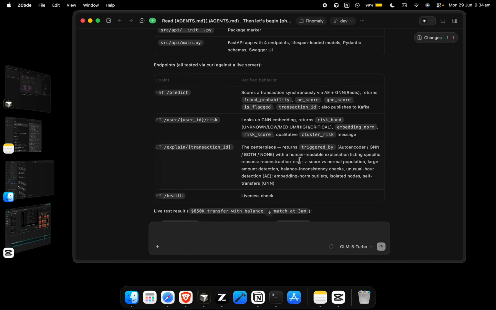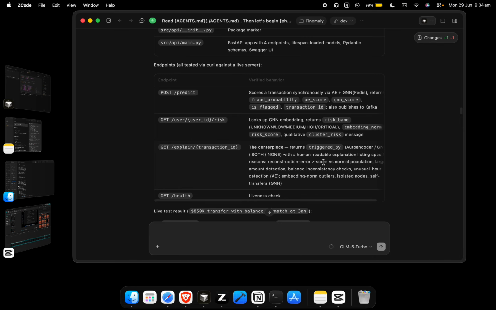Reconstruction error z-score versus the normal population, large amount detection, balance inconsistency checks, unusual hour detection, that's what the AE does. Embedding norm outliers, isolated nodes, and self transfers, that's the GNN, looking at the network web. And then we finally have health. This is the liveness check to make sure your server is running.